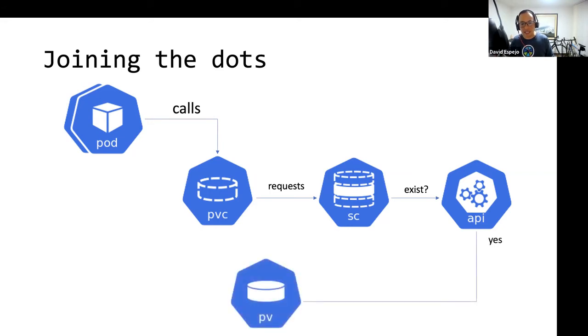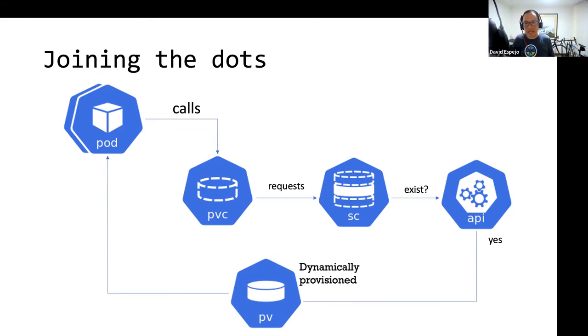If the answer is yes, the persistent volume will be created if it supports dynamic provisioning, or it will be bound directly because it was already manually created by someone, but the end result is the same. The persistent volume will be bound to a pod and everyone is happy.